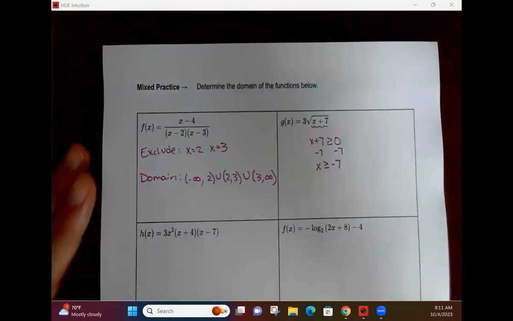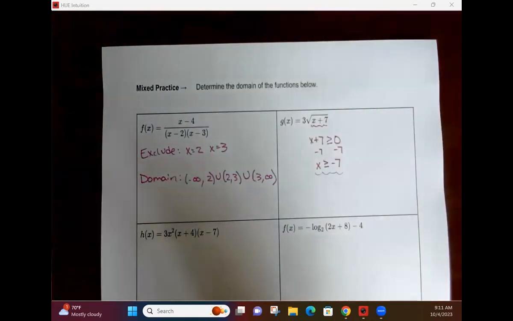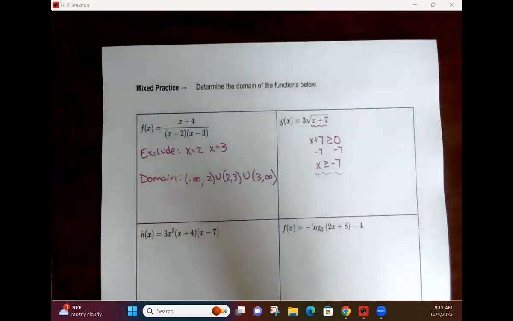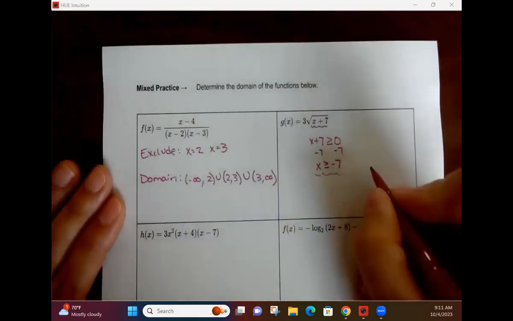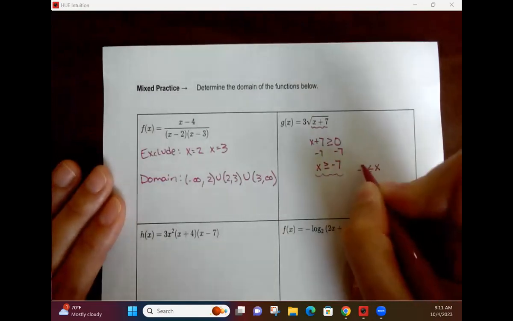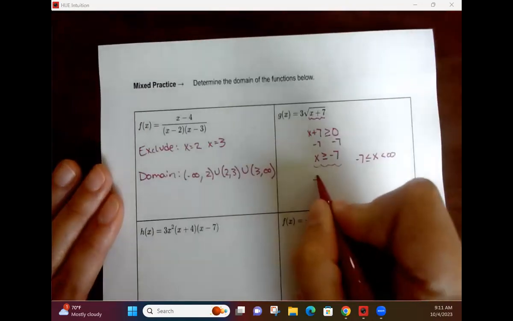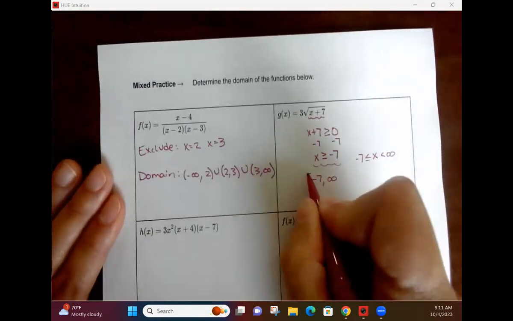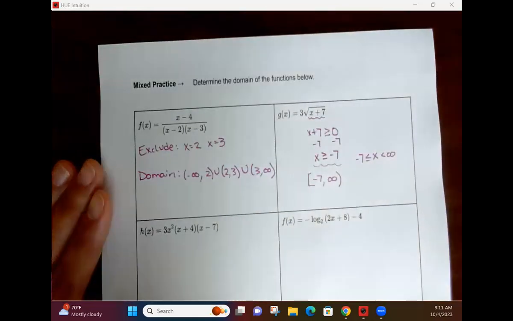Otherwise, I treat it exactly like an equal sign. And here, this would be a perfectly acceptable way to define my domain: x is greater than or equal to negative 7. If you like your inequality domain in 3 pieces with x in the middle, it would look like this. If you like interval notation, it would be -7 to infinity with a bracket at -7, because we can include -7 in the domain.